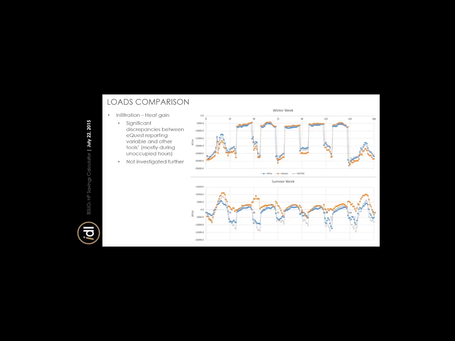The winter week, you're pretty close, but summer we have eQuest seems to be doing something different than the other two tools, which I didn't go much more in depth into, but it could be similar to the lighting and occupancy loads where it just calculates it differently. It doesn't really appear like that's the case since some of them line up, but there are some differences there.